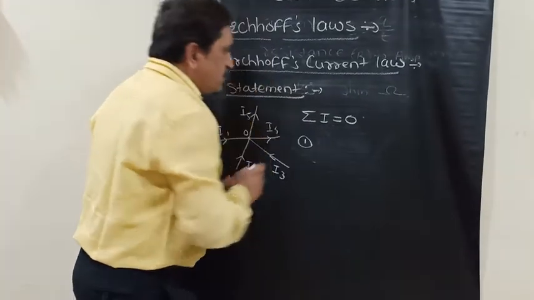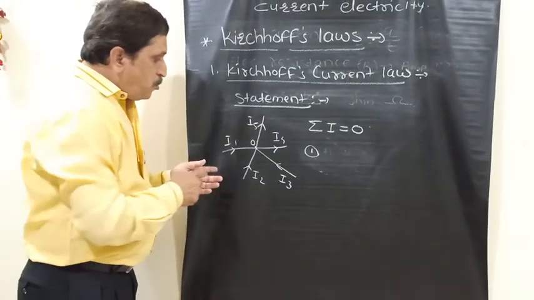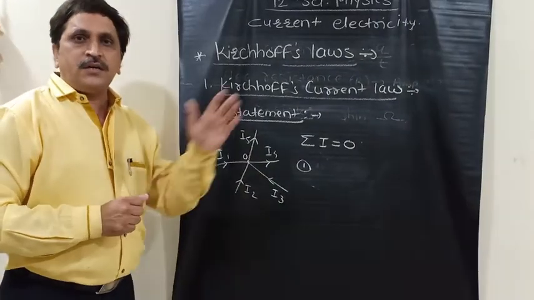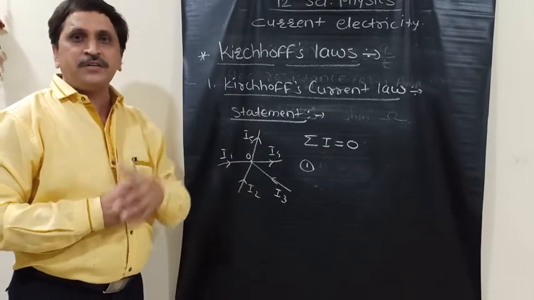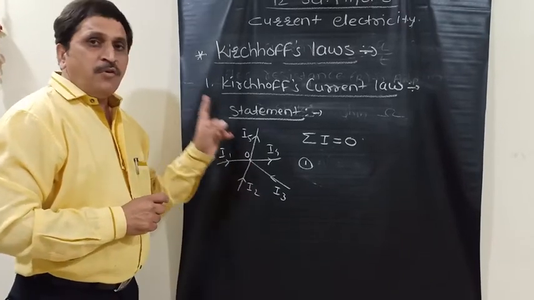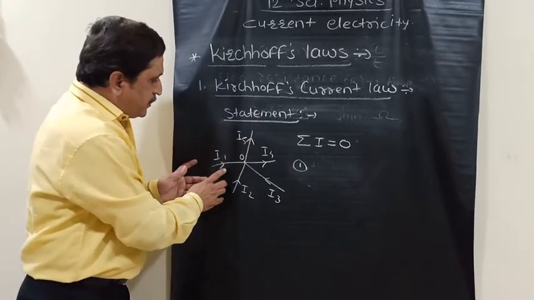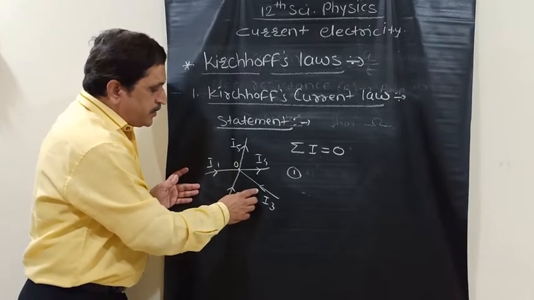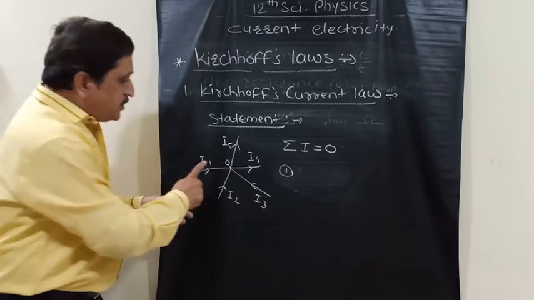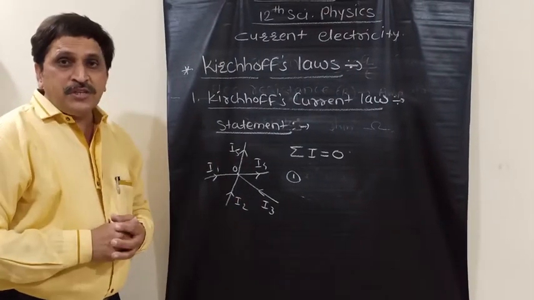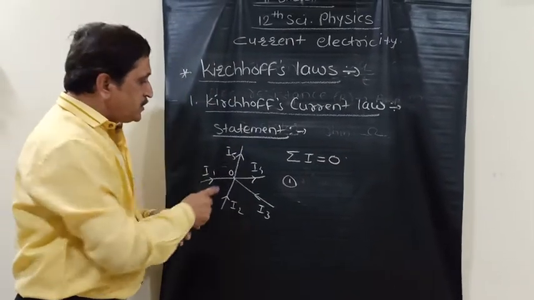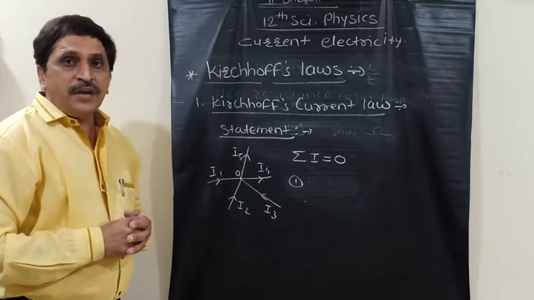First, the currents which are moving toward the junction, or approaching the junction, are treated as positive currents. In this figure, currents I1, I2 and I3 are moving toward the junction, so they are positive currents. The currents which are leaving the junction, or moving away from it, are treated as negative currents.